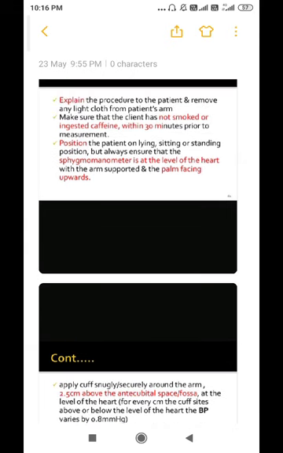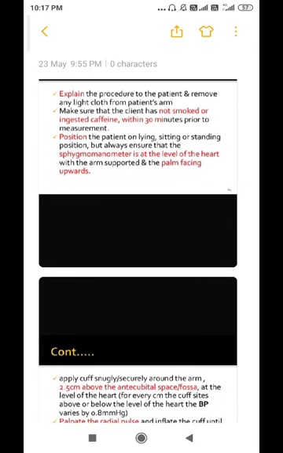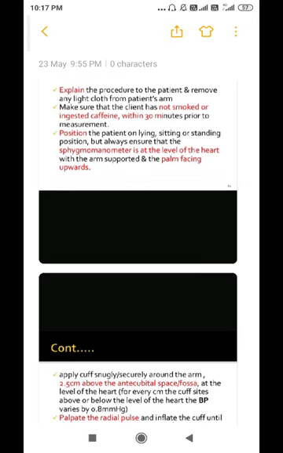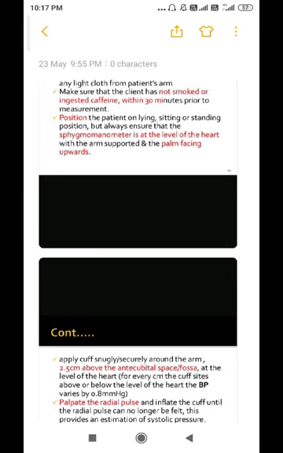For example, a patient comes to our hospital for a BP checkup. Which position do you decide? You must ensure the sphygmomanometer is at the level of the heart with the arm supported. So this is the sitting position.